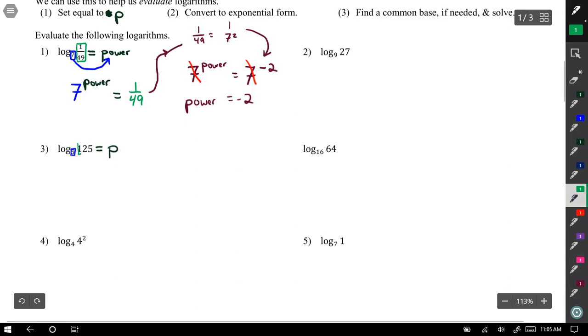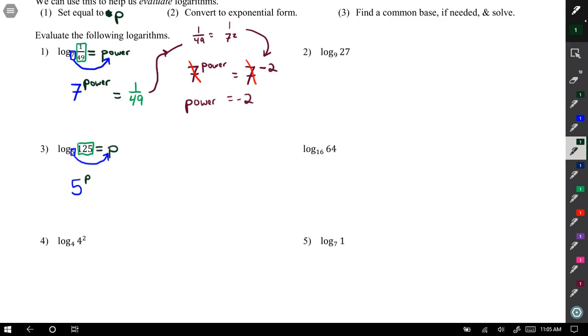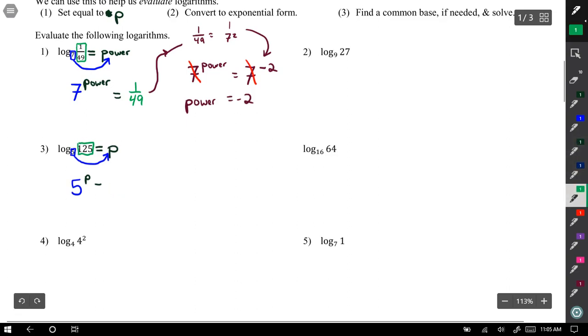What power of 5 gives me 125? That's what I want to know. So 5 is my base, and it's going to attach to that power. So 5 to the P. What power of 5 gives you 125?